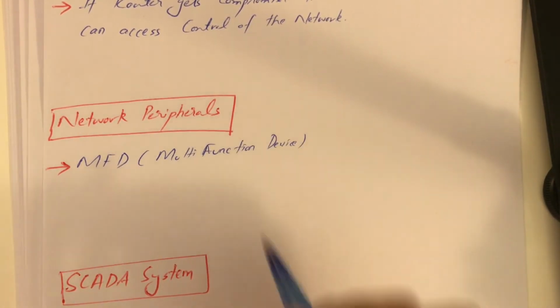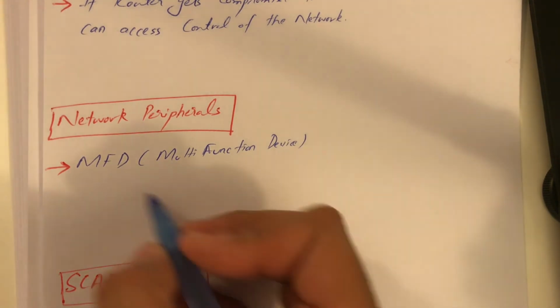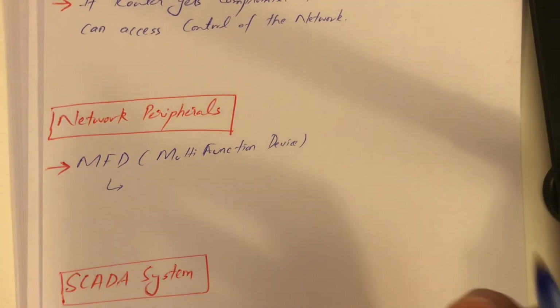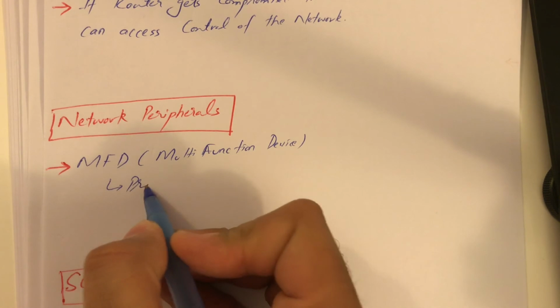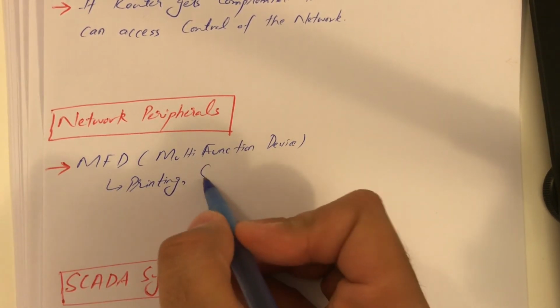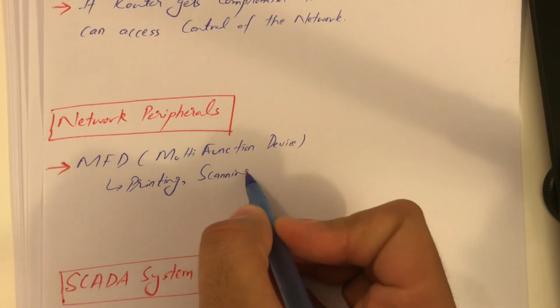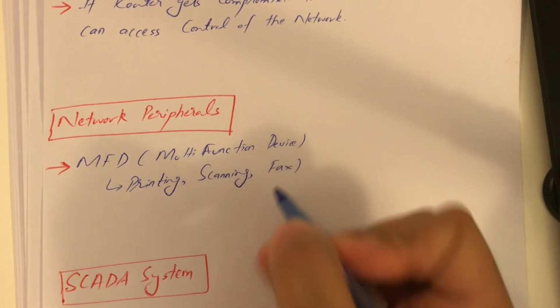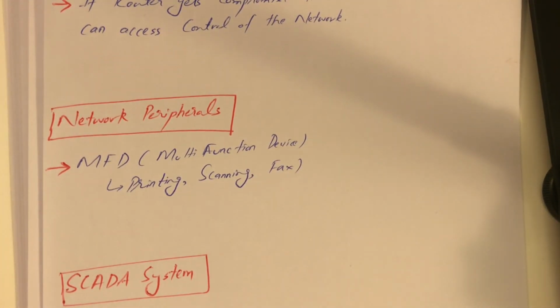For example, a machine that is printing, scanning, and also a fax machine is called an MFD. Again, it uses the embedded operating system, and if anybody controls the operating system, they can control that machine.